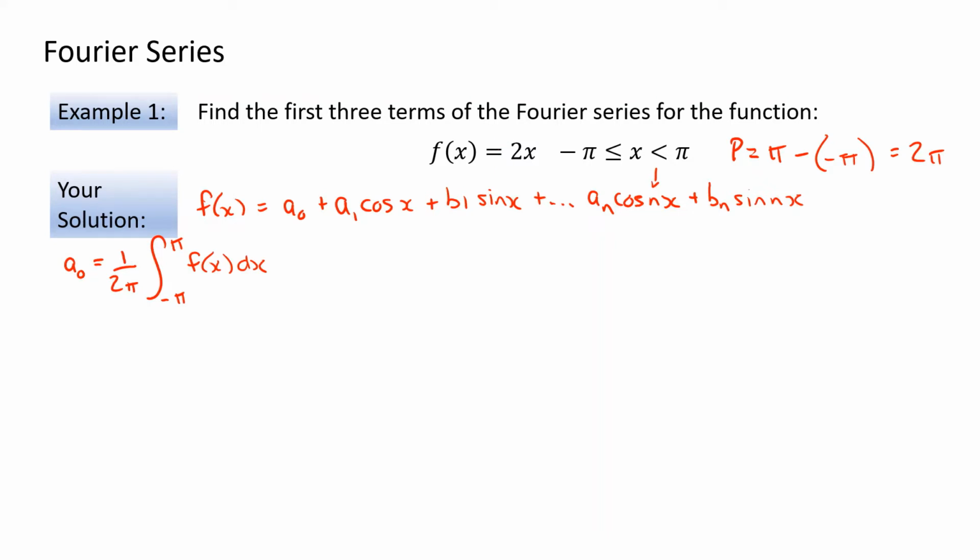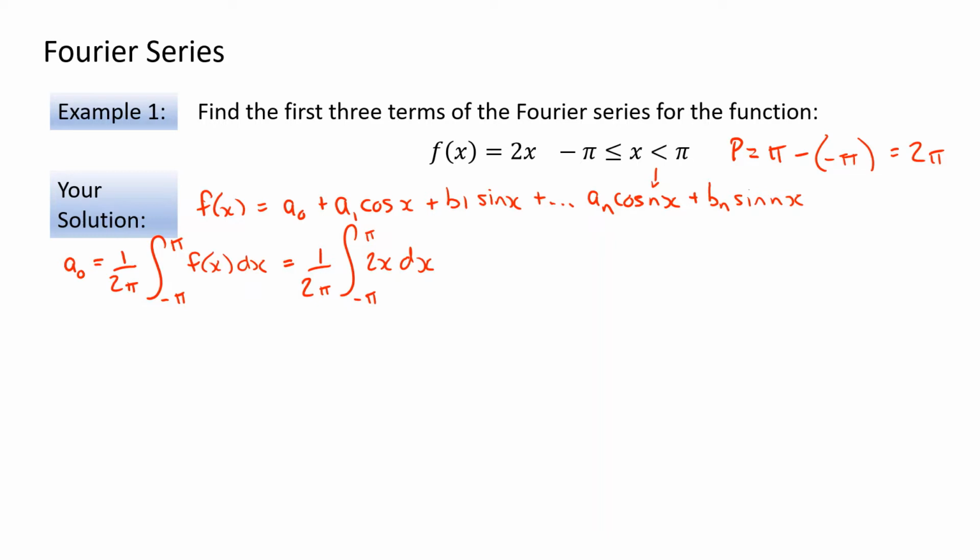So for the first integral, f of x, in this case, is equal to 2x. If we substitute that in, we get 1 over 2 pi times the integral from negative pi to pi of 2x dx. I will leave the 2x in there because I know that the integral of 2x is simply x squared. Normally I do take the constant out, but that's the reason I'm going to keep it in here.